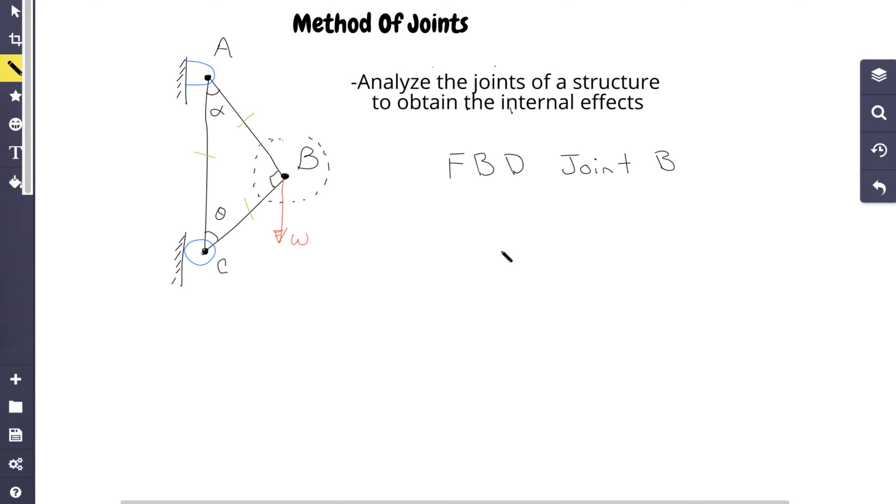So there's B, and one part of it looks like that, the other part looks like that, and this is telling us it's a 90-degree angle.